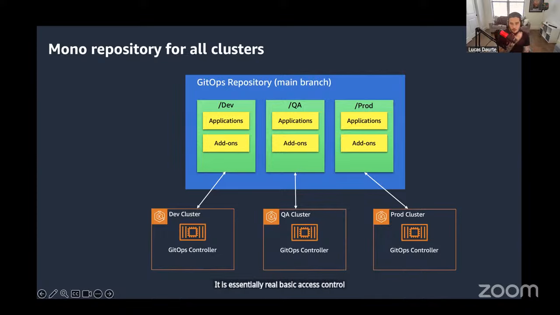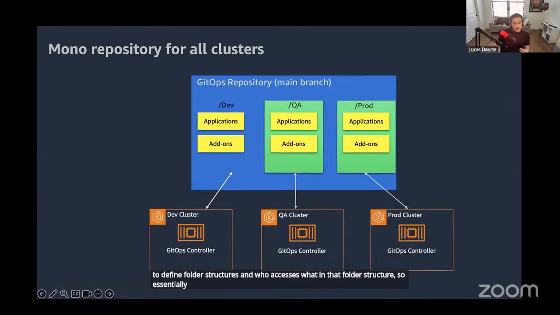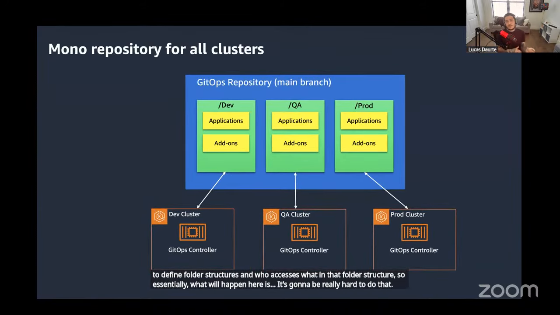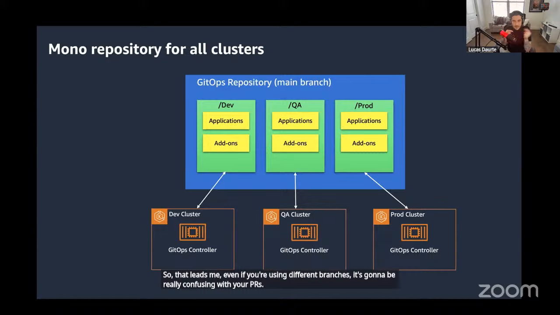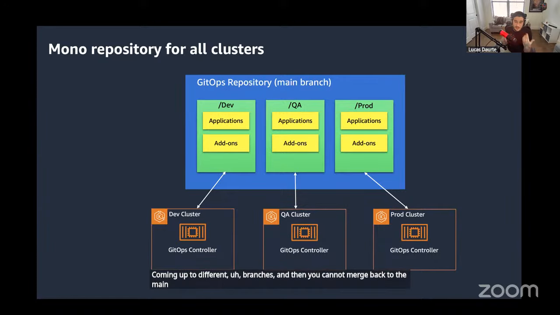You don't have a good way in Git to define folder structures and who accesses what in that folder structure, so it's going to be really hard to do that. Even if you're using different branches, it's going to be really confusing with your PRs coming up to different branches, and then you cannot merge back to the main branch. So honestly, this is really hard to do.